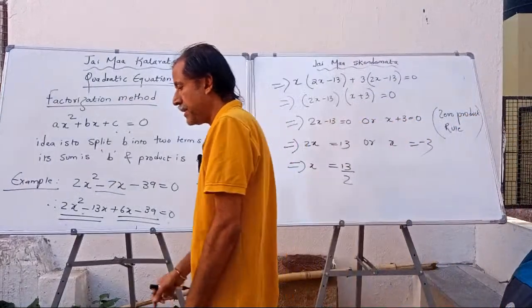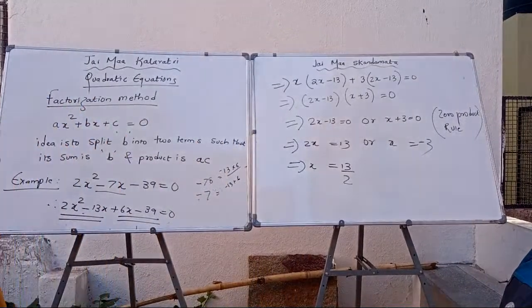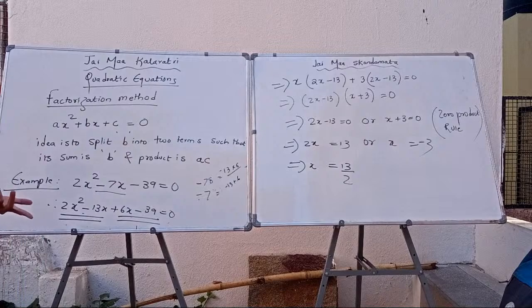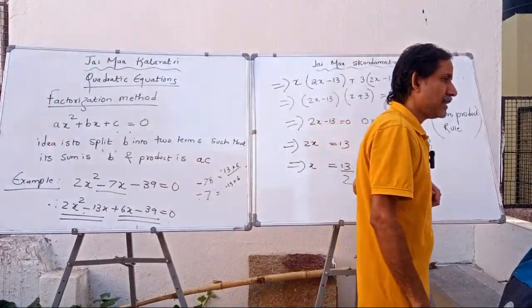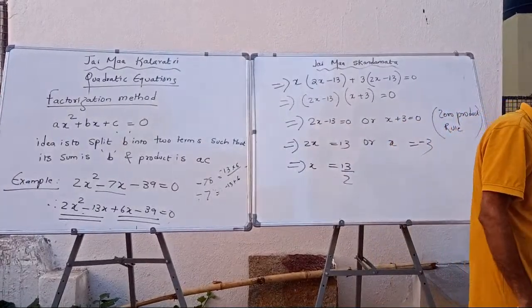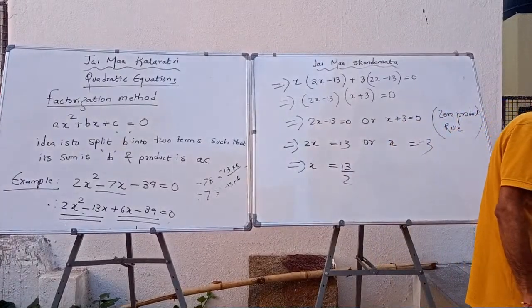See, typically a quadratic equation has maximum two roots. That's all. Minimum it can be one, maximum it can be two. I mean, it's still two, just that they both are the same. That's why I'm calling it one. But yeah, all right.